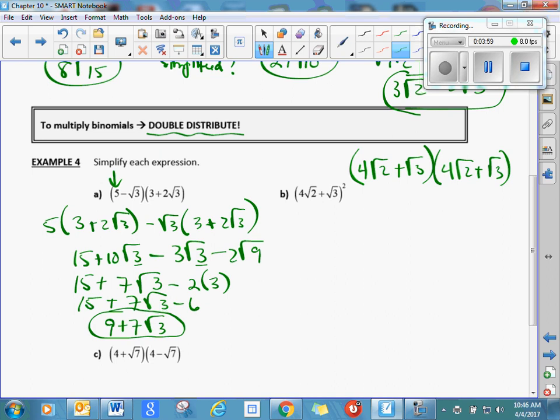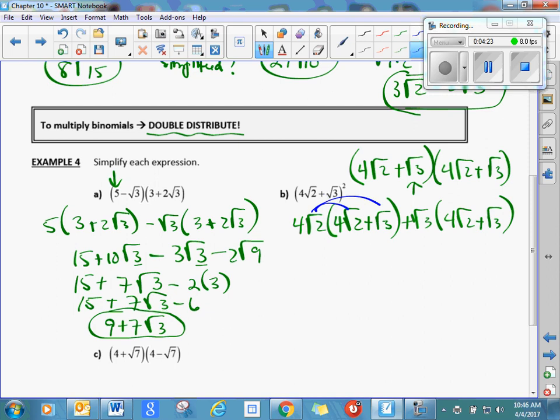And I'm going to get 4 radical 2 times this second term, 4 radical 2 plus radical 3, plus the second part, this guy, radical 3 times the whole big thing. Okay, so this looks a mess, but when we take it carefully and we distribute, we get 4 times 4 is 16, radical 4.